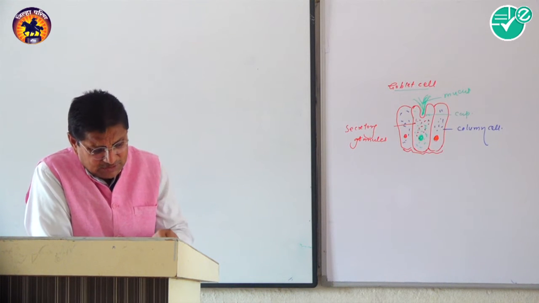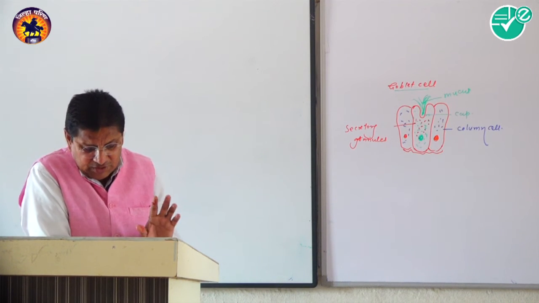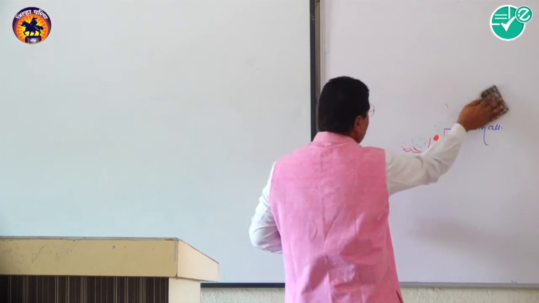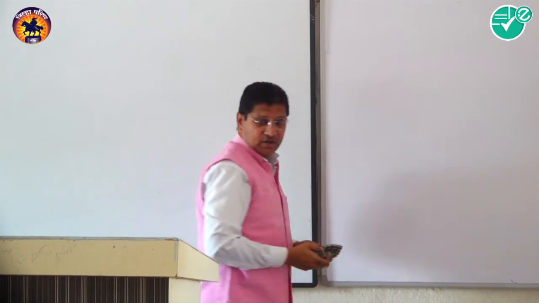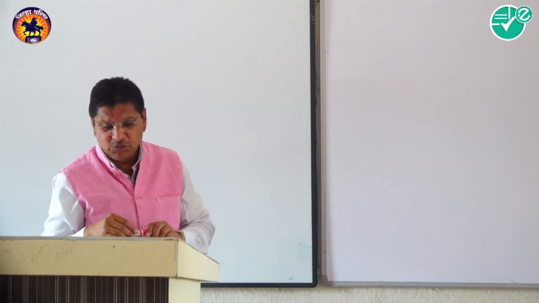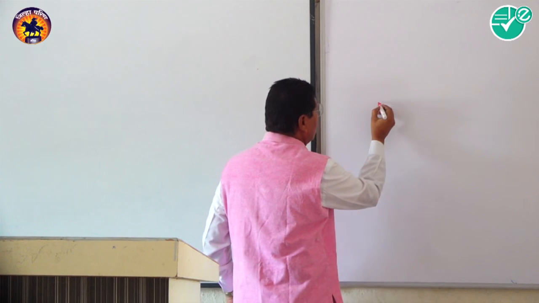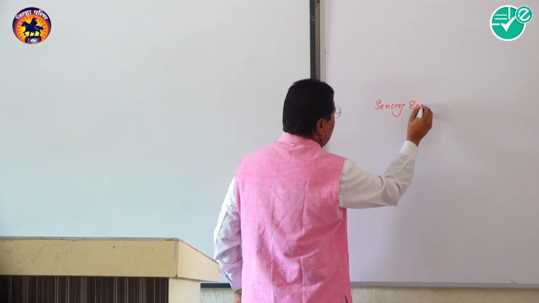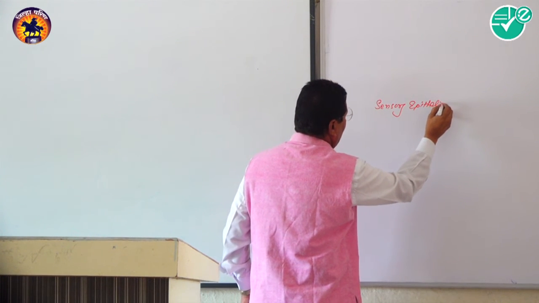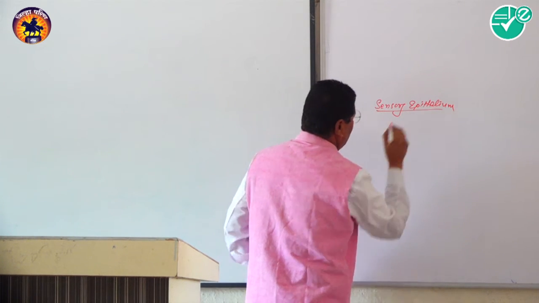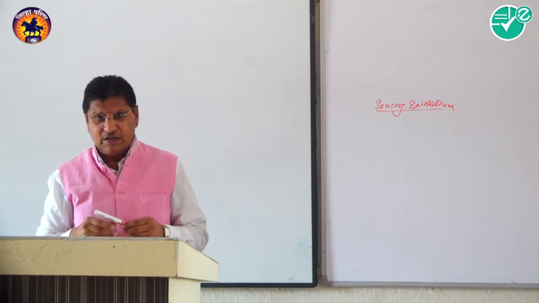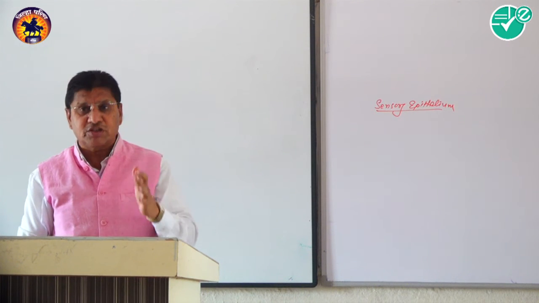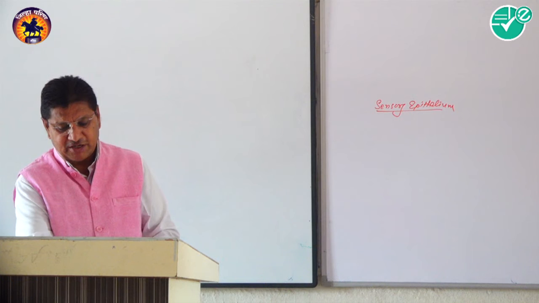Now, this is about the glandular epithelium. The next epithelium is known as the sensory epithelium. It is again a single layer, a simple type of epithelium.